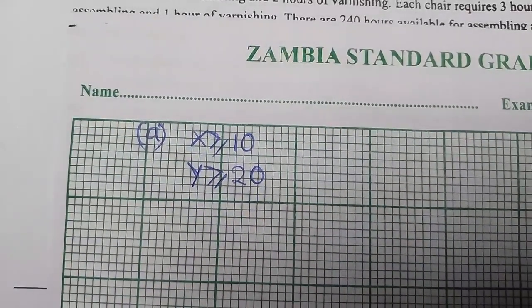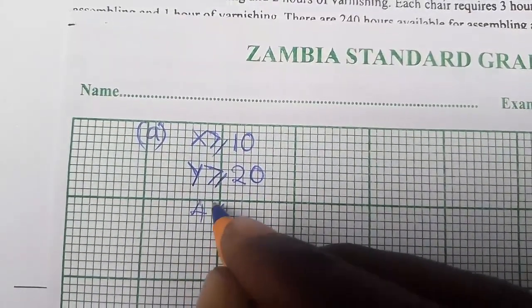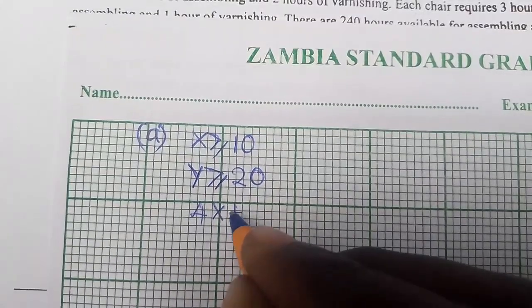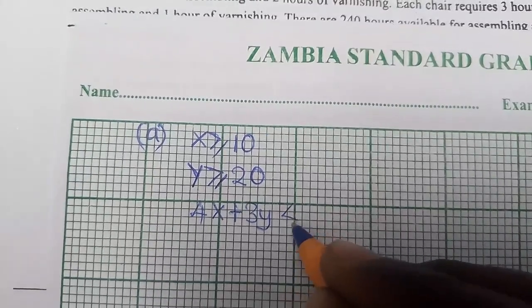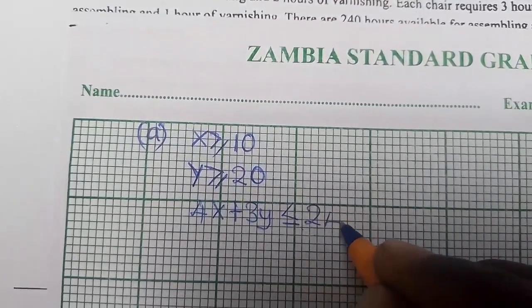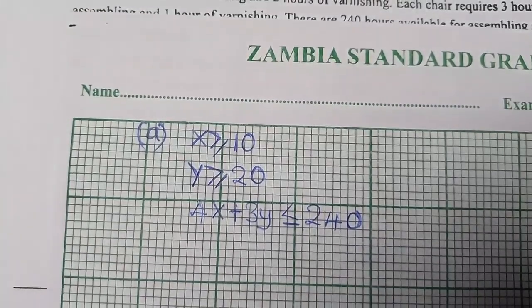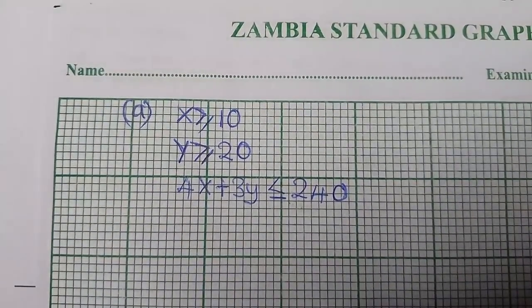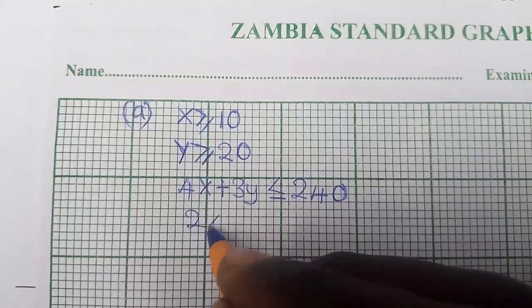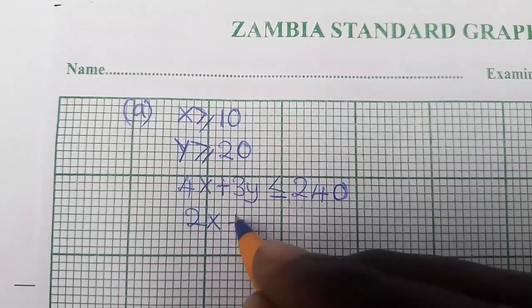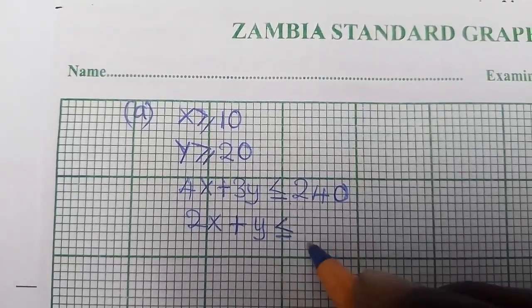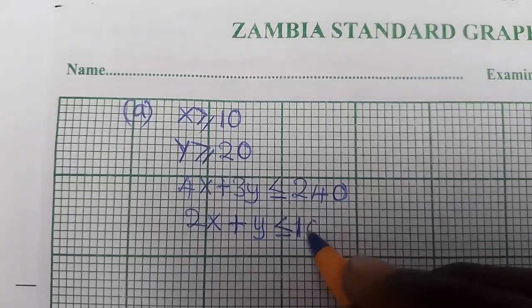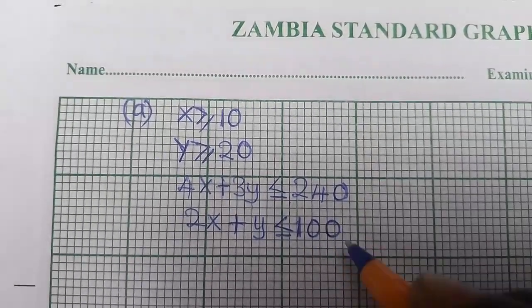My third inequality was 4x plus 3y less than or equal to 240. My fourth inequality was 2x plus y less than or equal to 100.